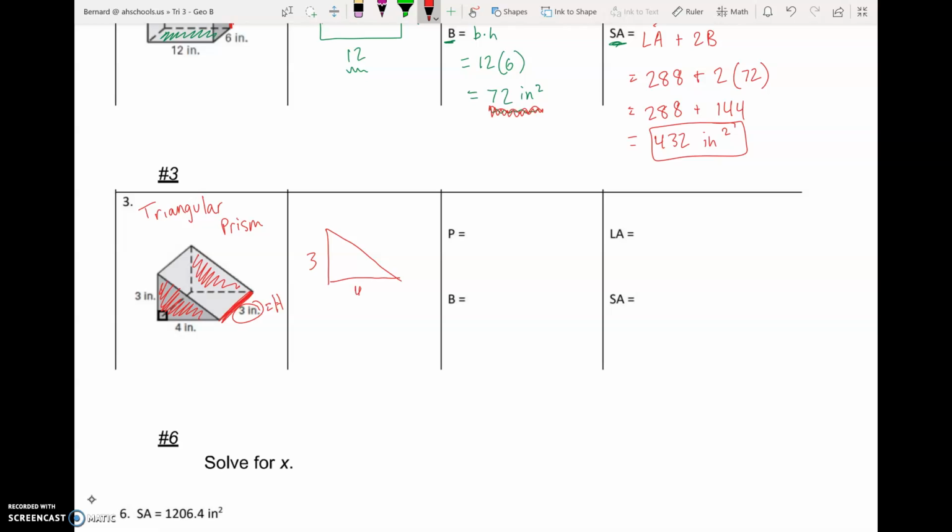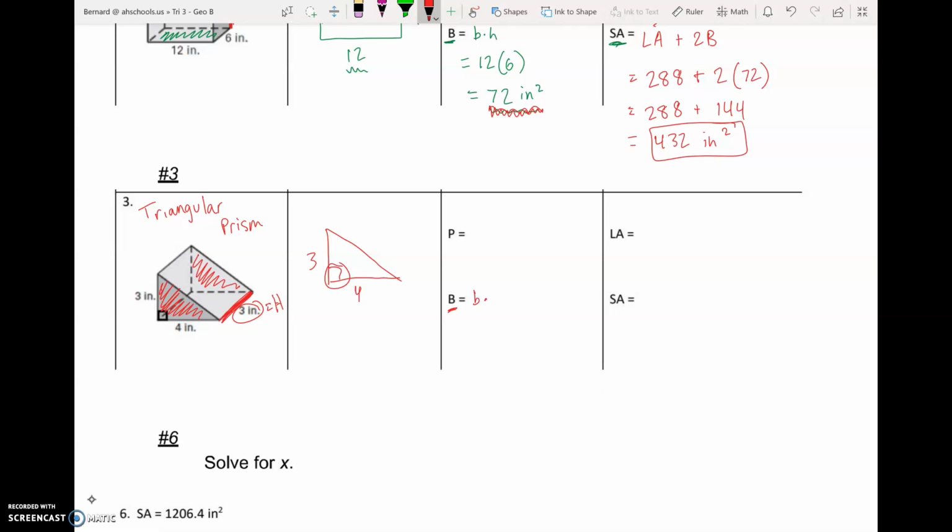Now, 3 and 4, this is a right angle. That's nice because we actually, right, area of a triangle, which is going to be what our big B is, base times height divided by 2, and your base and your height have to be right angles with each other. And we've got that right away. So I'm going to jump real quick to big B. Again, that's because we already have the info we need to know that.